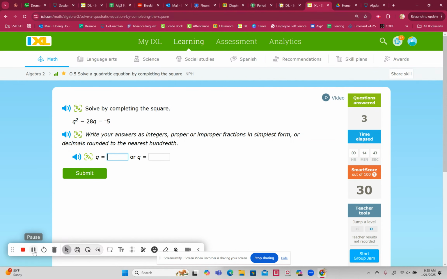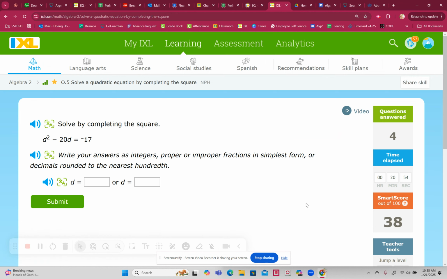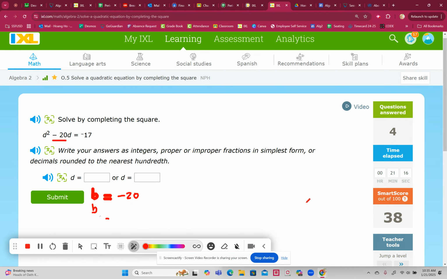Okay, so are we ready to find the B? Brandon Chan, are we ready to find the B? What's the B value, Brandon Chan? Right there. Negative 20. B over 2. What is it?